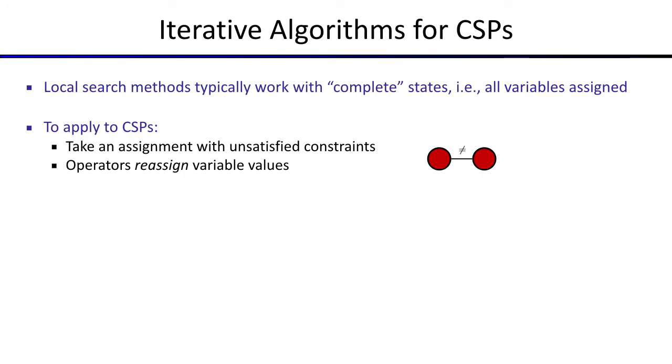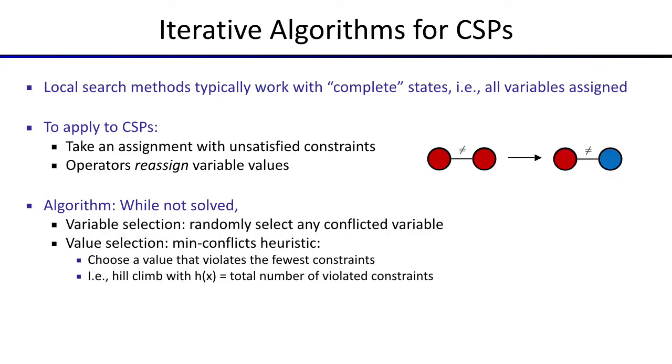So our search idea here is now not that the successor adds another assignment to our partial assignment, but that we take our full assignment to all the variables and change one of them. So states are now full assignments, successors are change one of them. And the algorithm is very simple. Find one variable that's violating a constraint, and change it to whatever in its domain violates the fewest constraints.